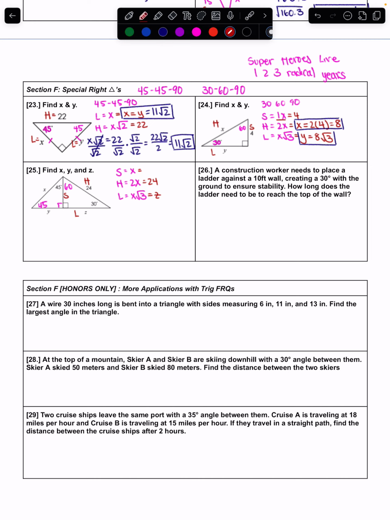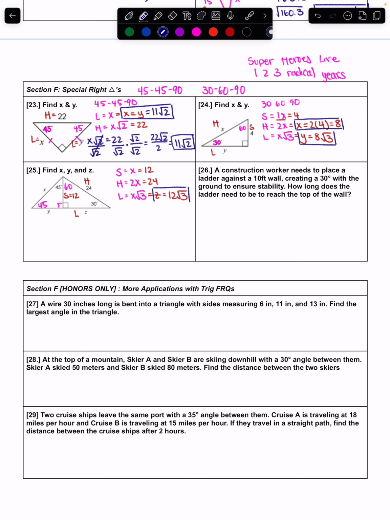So 24 divided by 2 is going to be 12. That gives us 12 here, but that doesn't give us what z is. Well, we can use x equals 12 to find z. So z is just going to be x rad 3, so we know x is 12, so it'll be 12 rad 3. So that's my first answer.